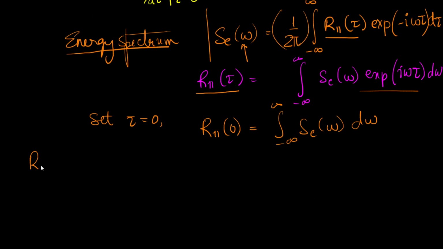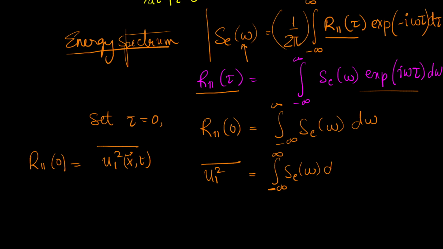So R11 of 0 is by definition u square. So this becomes u square is equal to integral minus infinity to infinity Se omega d omega.